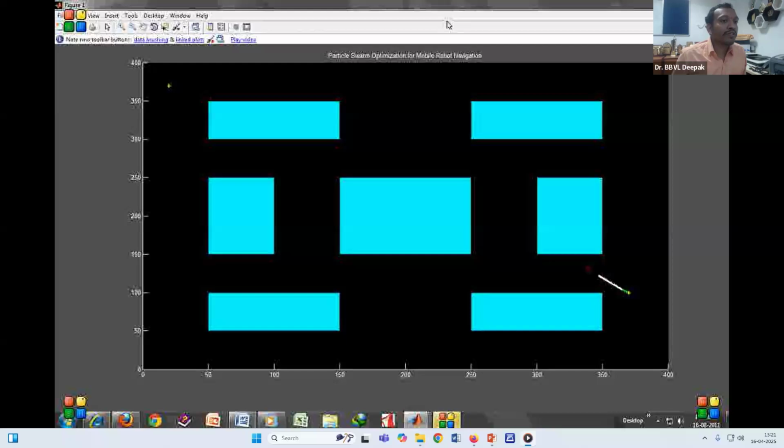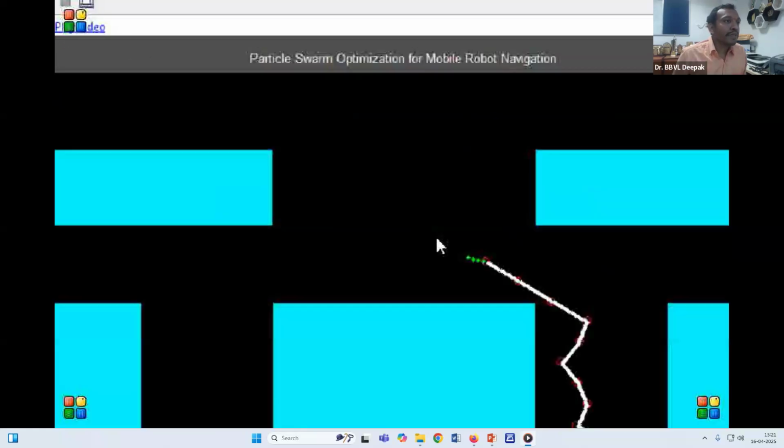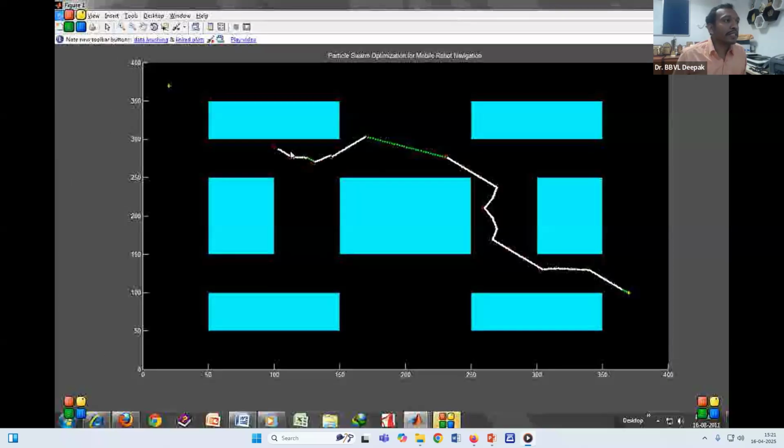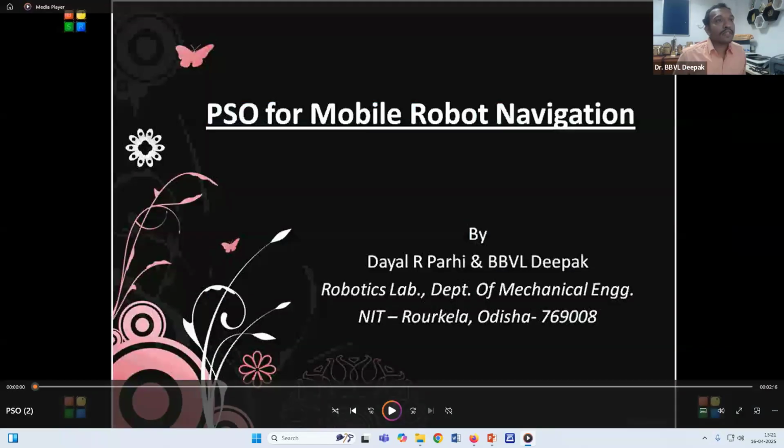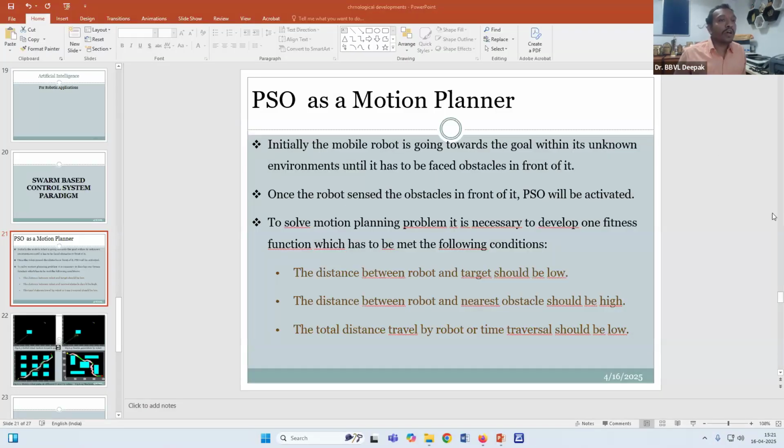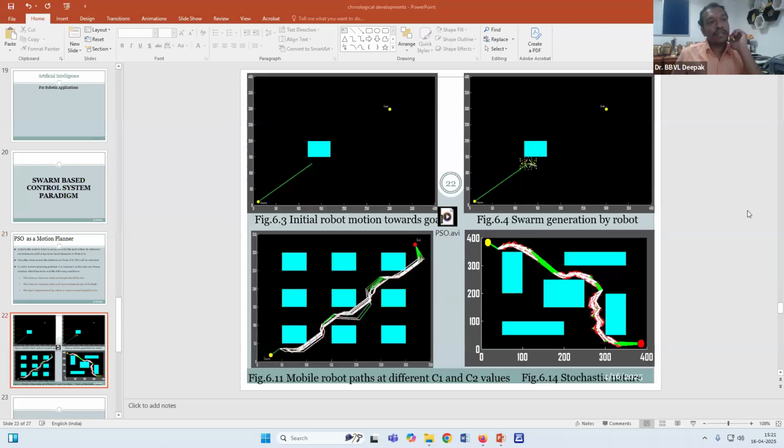Without the swarm, what is the motion of the robot? Then it is moving towards the target, and it reaches its target, then it will stop there, right? So this is how it works.